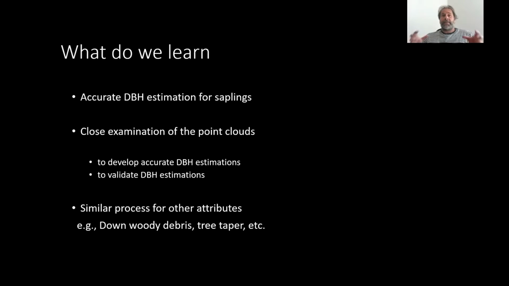We also learned that even though we have a good estimation of most of the trees, we still have to go through a close examination of the point clouds to validate the DBH estimations. And we think that we'll have to go through the same process for other attributes like downed woody debris or tree taper.